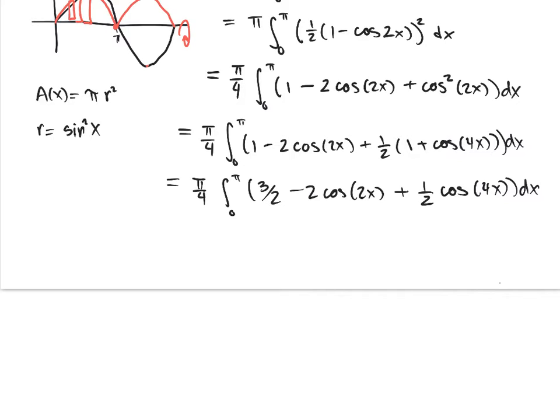Sine squared? Yeah. Okay. So what's the antiderivative of 3/2? 3/2 x. How about minus 2 cosine 2x? Negative sine 2x. Do you guys agree with that? Because sine's derivative is cosine, 2x's derivative is 2, right? And this one, what's its coefficient going to be? 1/8 sine of 4x.